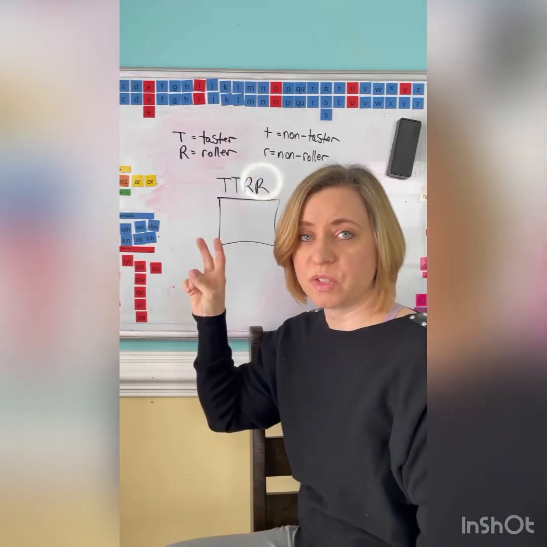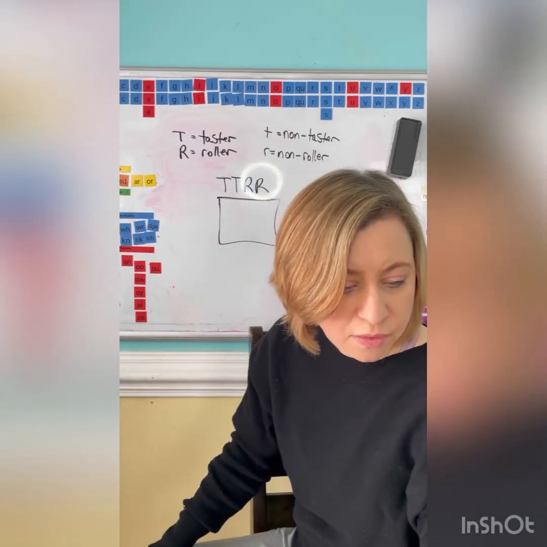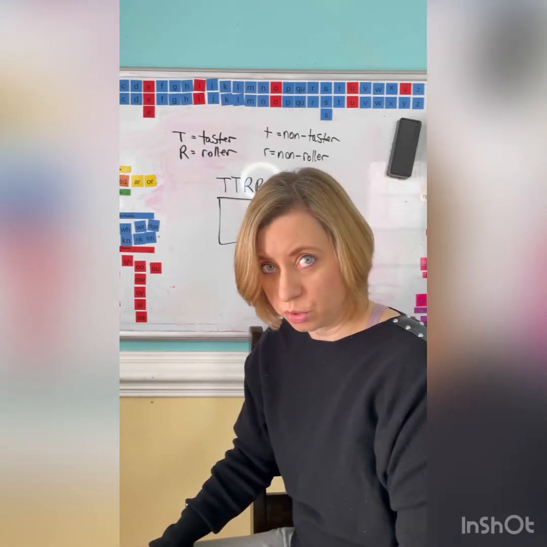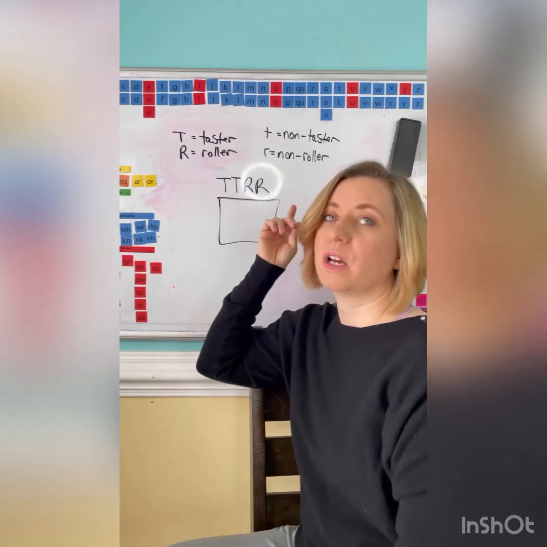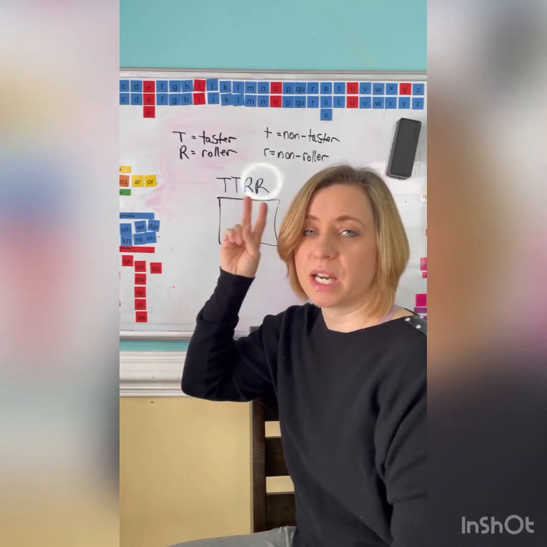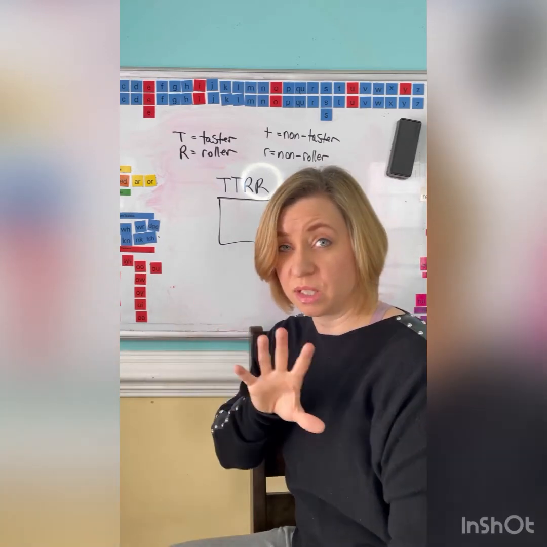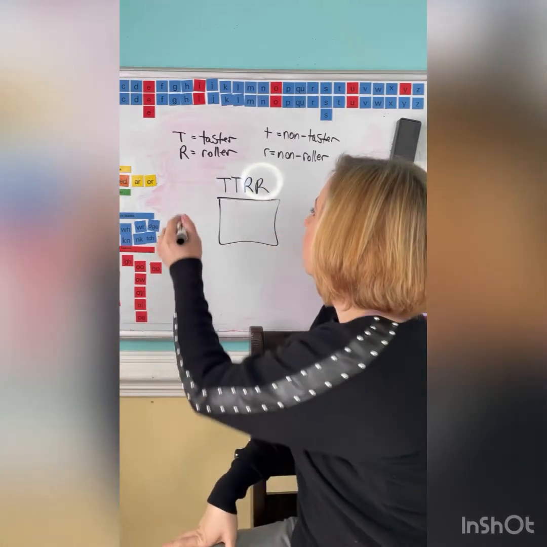So he has two of the same dominant genes for both. And then there's a woman who is a non-taster and non-roller. So in order for her to be a non-taster, non-roller, she has to also be homozygous for the recessive genes. So this is why we only need one square, because there's only one possibility here.